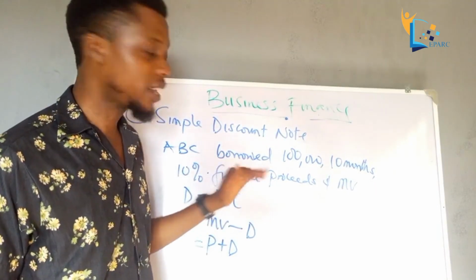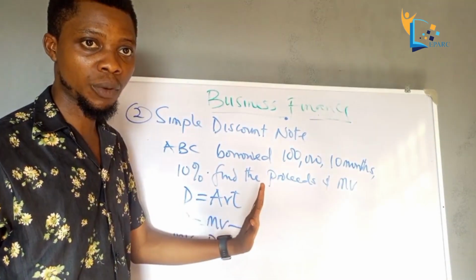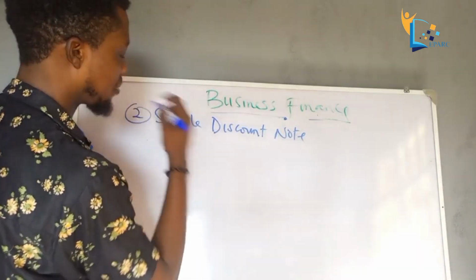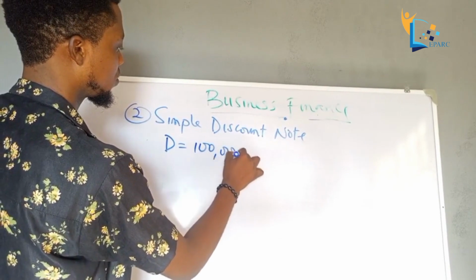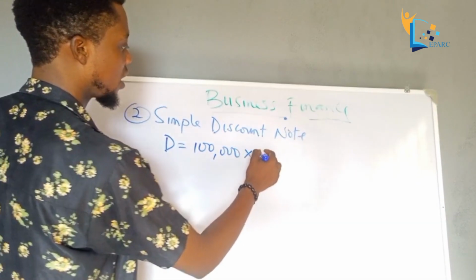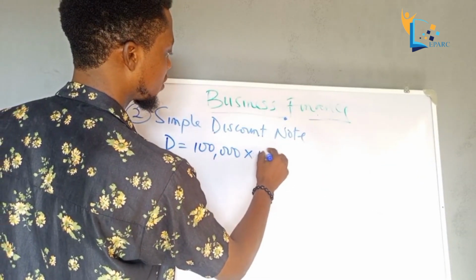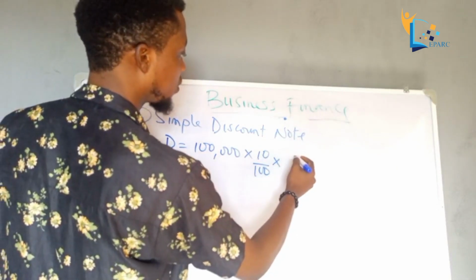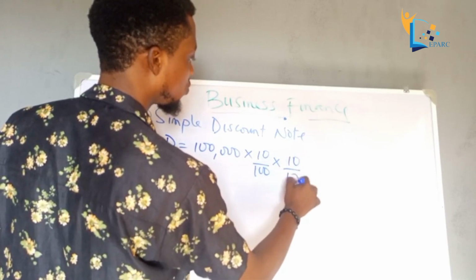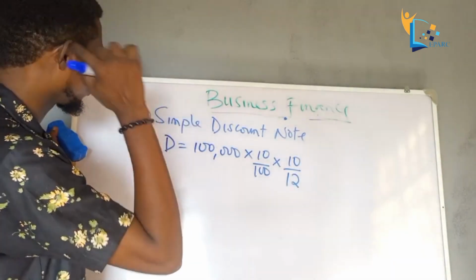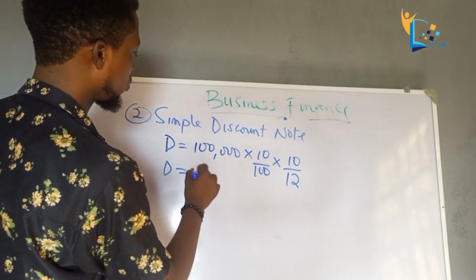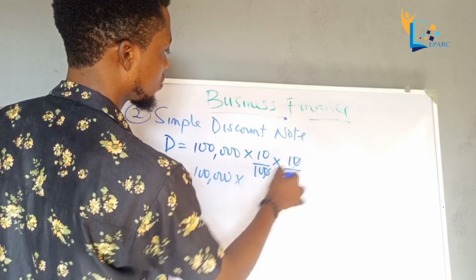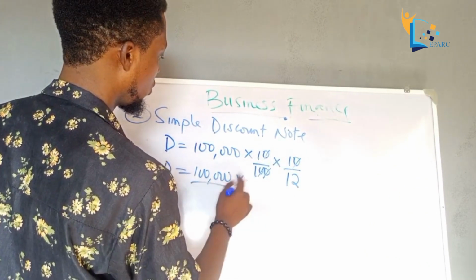Okay, now let's solve our problem. Are we good? Okay, so simple discount note will now be equal to the amount, which is 100,000, times the rate, which is 10%, times the time, which is 10 months, so we have 10 over 12. So D is equal to 100,000 times 10% times 10 over 12.